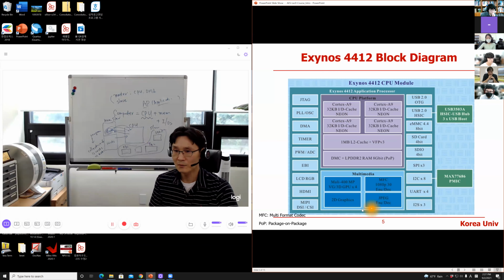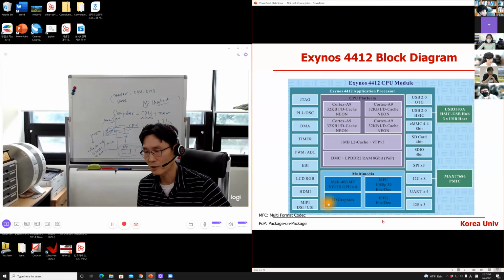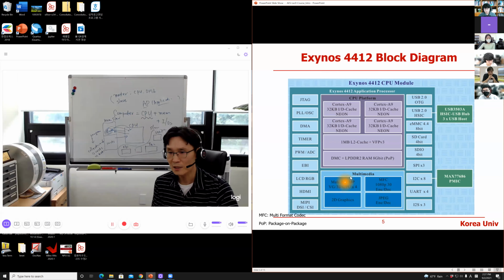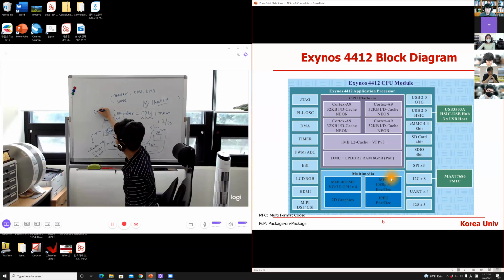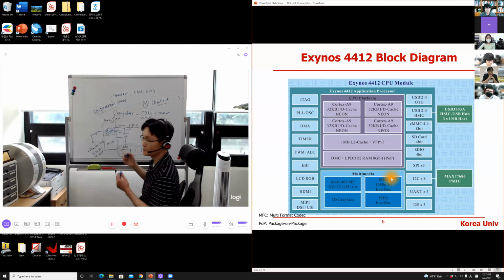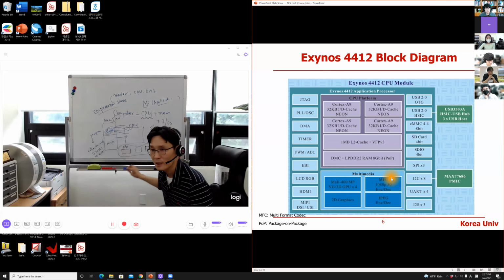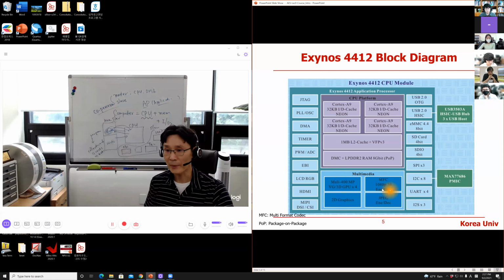Those other devices, you can call co-processors. GPU, for example, and MPEG encoding and decoding for video processing.